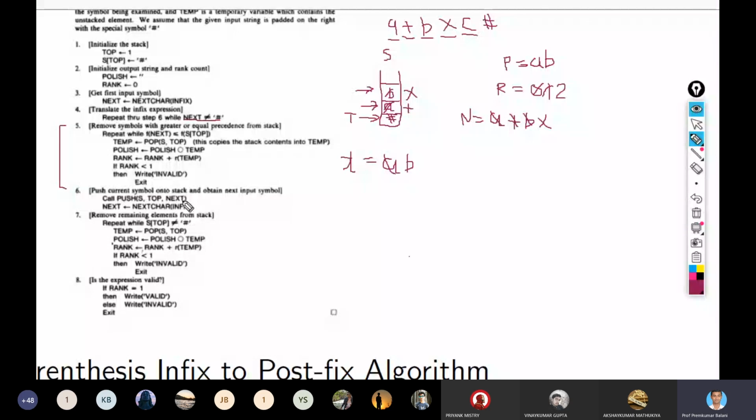Okay, and next equals the next character from the infix. That is hash. So my next character is, sorry, C. Okay, I forgot.